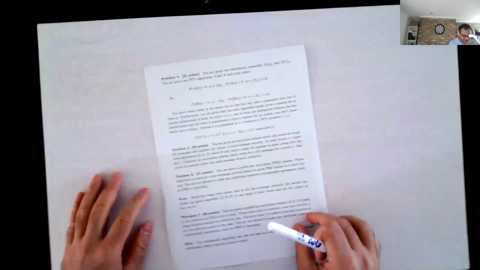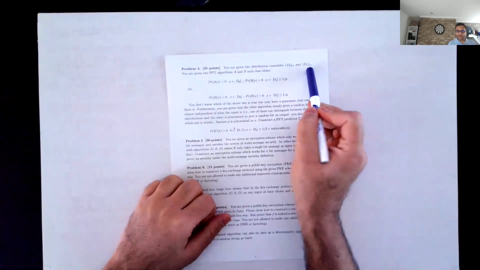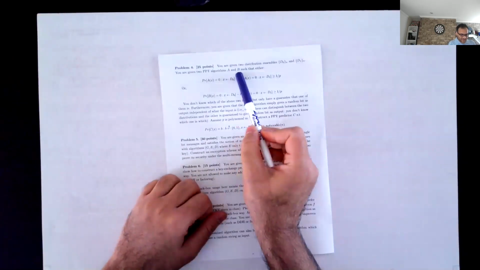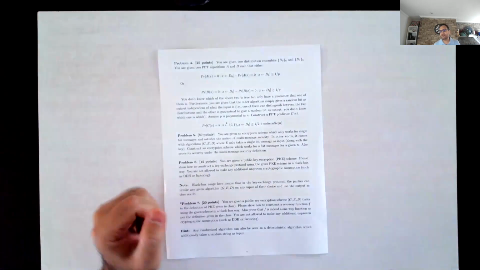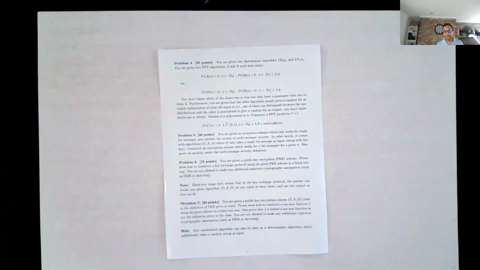I think the third problem was fine. Yeah, in the fourth problem, I think many of you did well, but you did more work than required. So in the fourth problem, you are given two distributions, and then you are given two PPT algorithms, A and B, such that one of these algorithms distinguishes, and the other one just gives you a random answer.